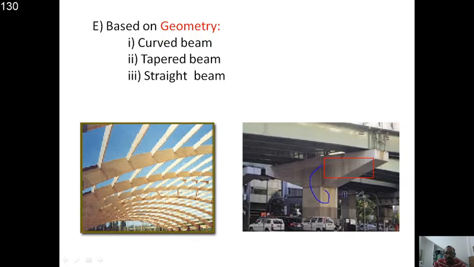This is the support, right? So this is completely a support. This is the support, a huge support is there, right?